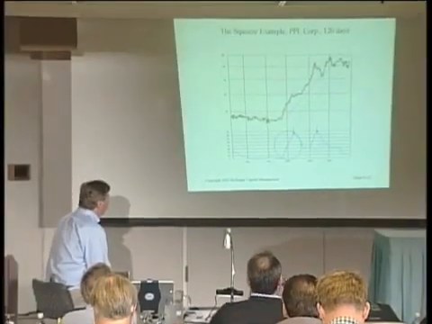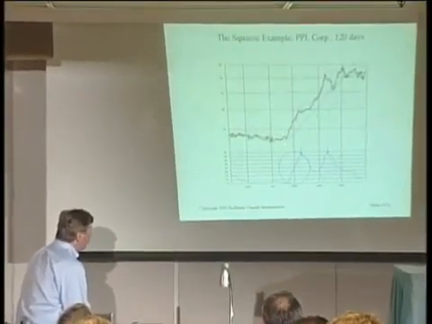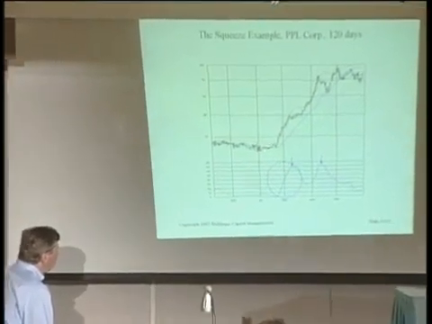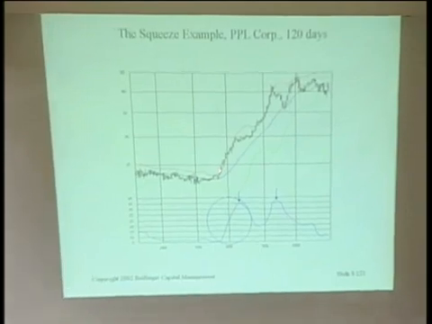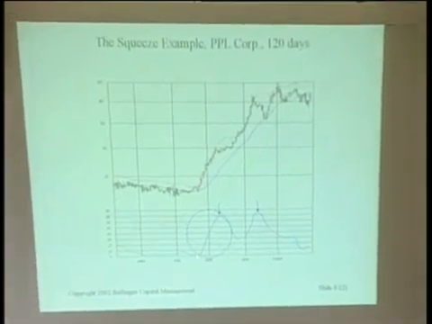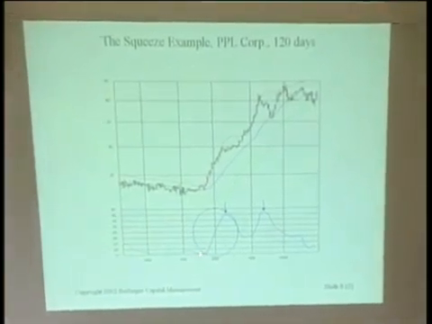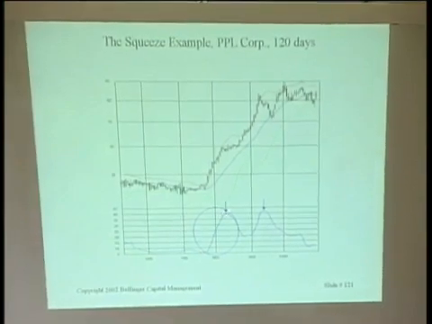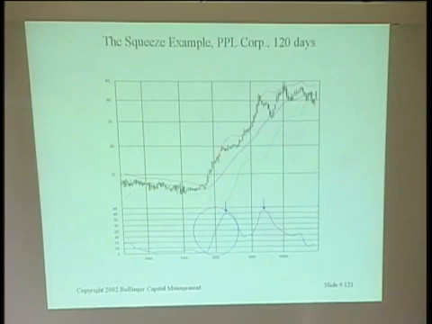PPL Corp, we looked at this before in another context. Squeeze, breakout from the squeeze, big impulse move. Look, volatility goes from 5 to 40. Volatility turns down, the lower band turns up. It's the beginning of a consolidation.